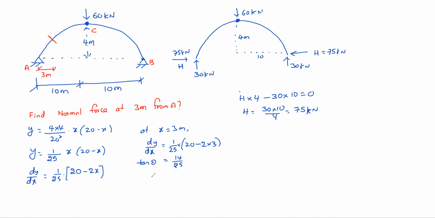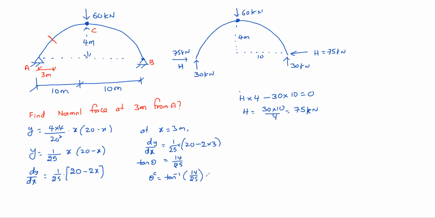So theta equal to tan inverse of 14 by 25. You should be very careful here. You will get that angle in radians if the calculator is in radians mode. Otherwise, if the calculator is in degree mode, you will get it in degrees.